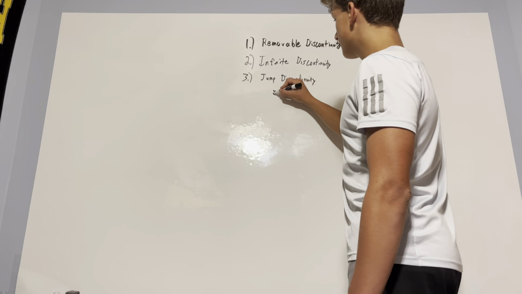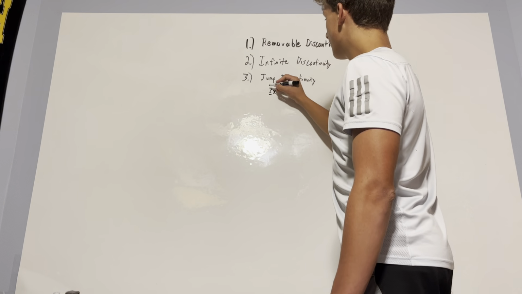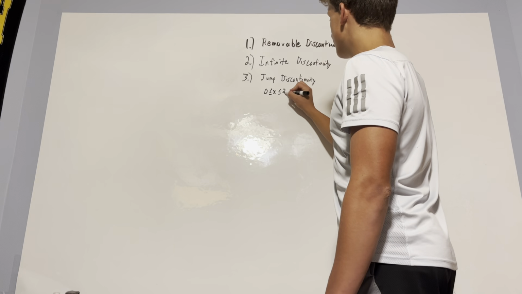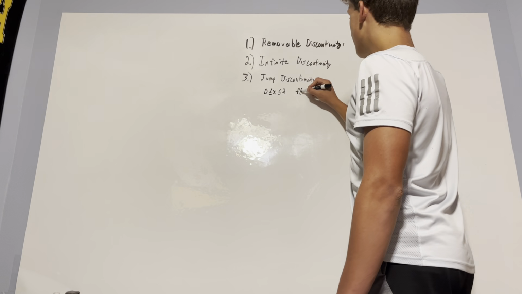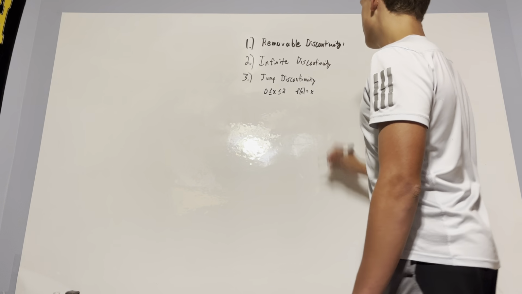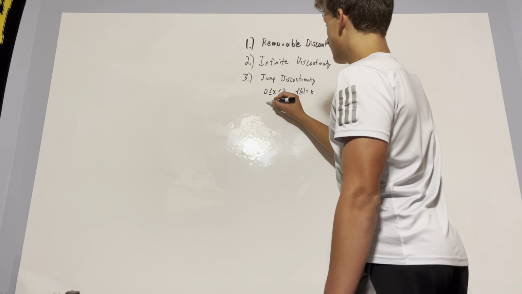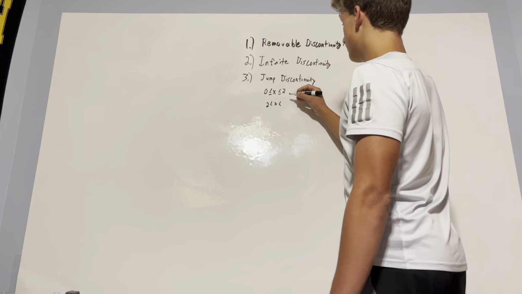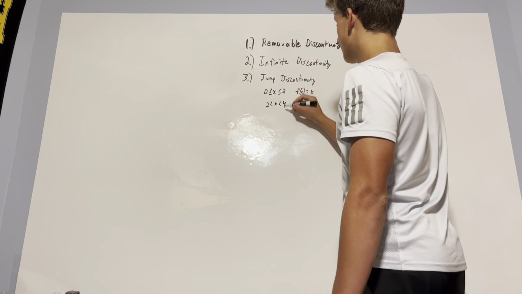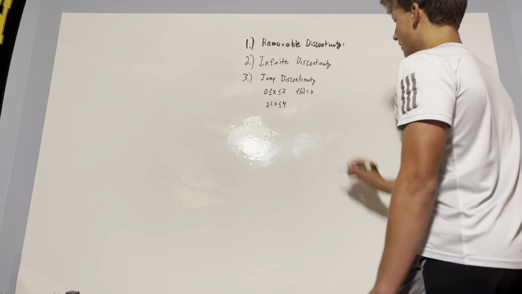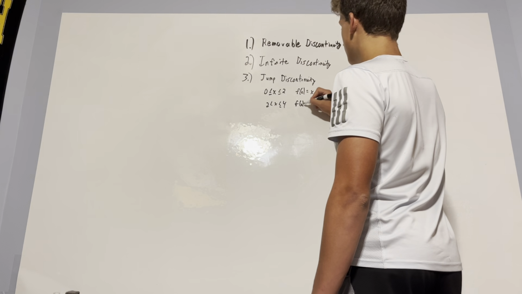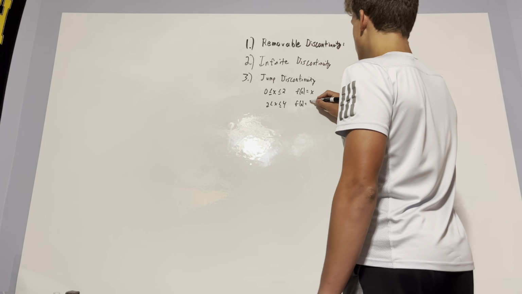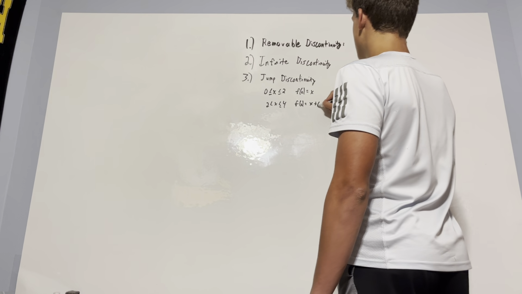From x from 0 to 2, we have f of x equals x. And from 2 to 4, we have f of x equals x plus 1.